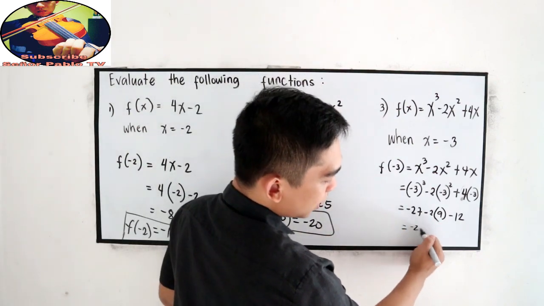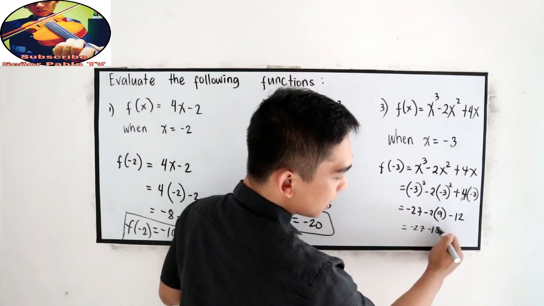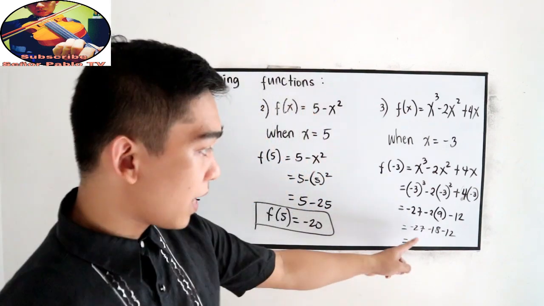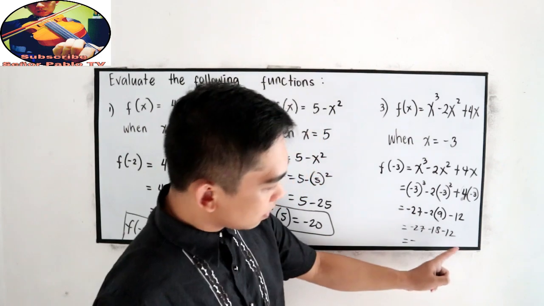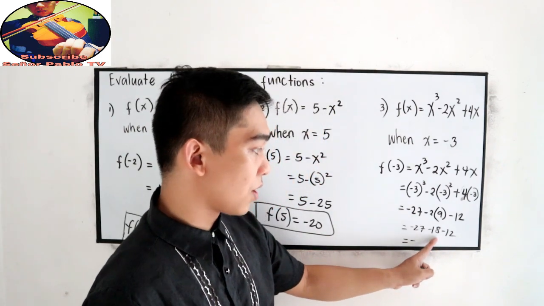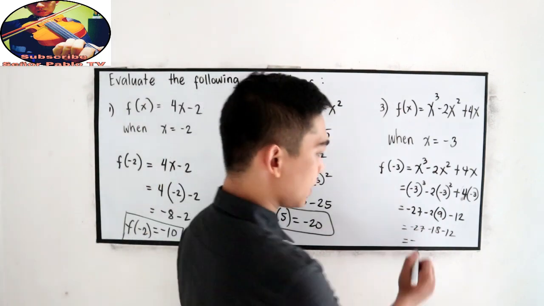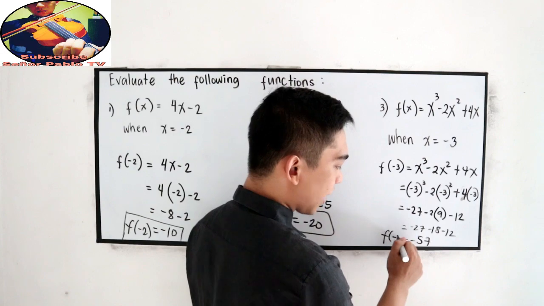So negative 27, negative 2 times 9, negative 18, and negative 12. Let's combine like terms. They are all negative. So the sum is negative 12 plus 18, that is 30. 30 plus 27, 57. Negative 57. So that is f of negative 3.